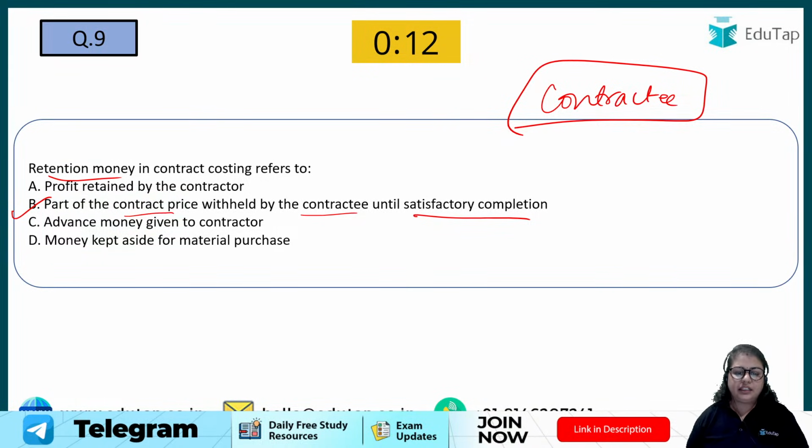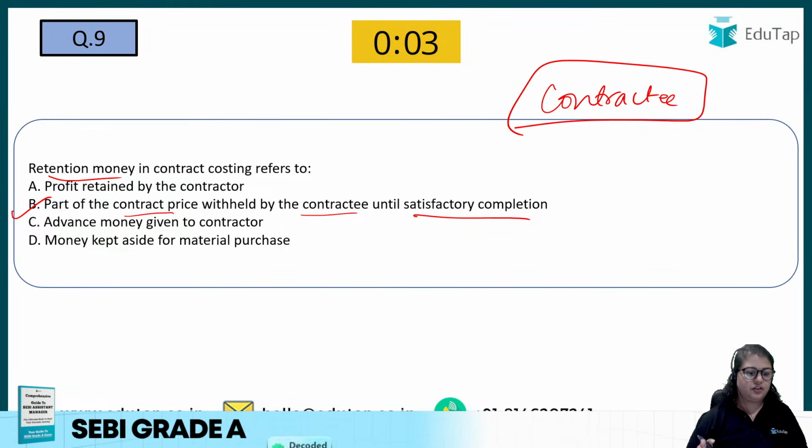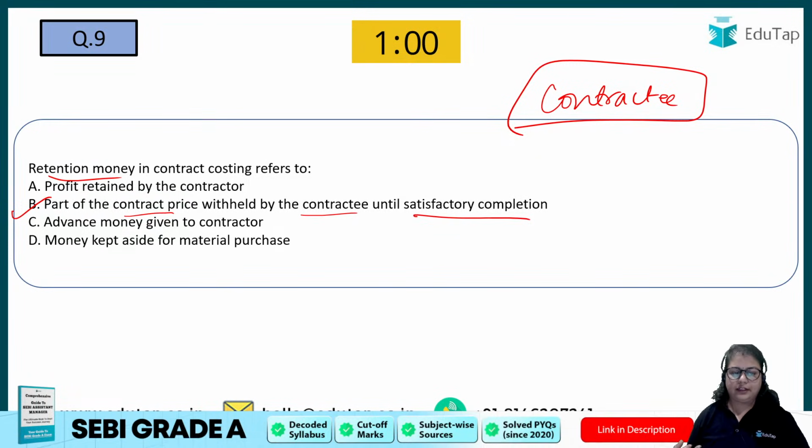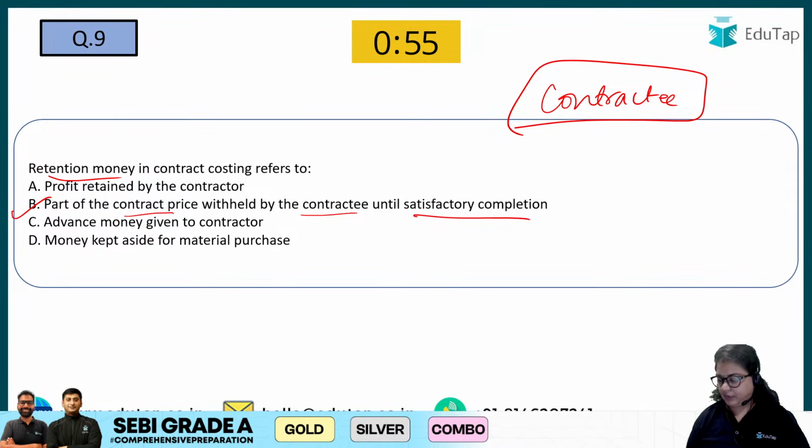Then advance money to the contractor is again not retaining it with himself, right? We are not keeping that, so advance money given to the contractor is also not retention money. Then money kept aside for material purchase, again that is a concern of the contractor. Here the retention money is related to the contractee, right?